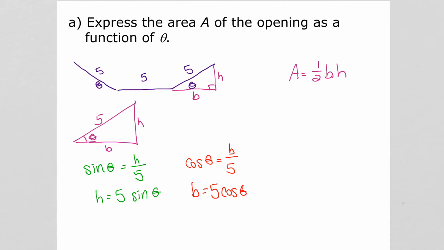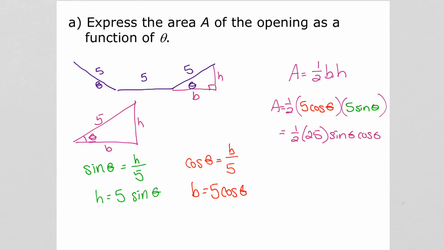So now we can find the area. The area is 1/2 the base times the height. And we found that the base is 5 cosine of theta, and the height is 5 sine of theta. Simplify. We've got 1/2 times 25 times sine theta cosine theta, and half of 25 is 12.5.